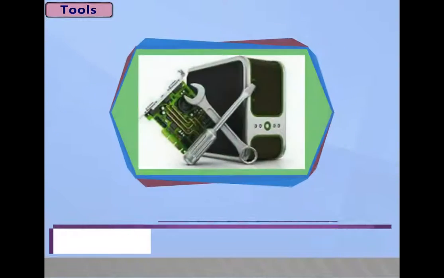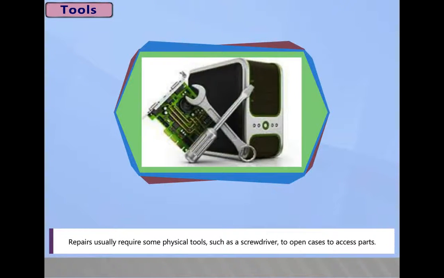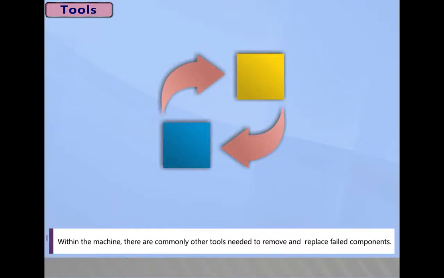Tools. Repairs usually require some physical tools such as a screwdriver to open cases to access parts. Within the machine, there are commonly other tools needed to remove and replace failed components.